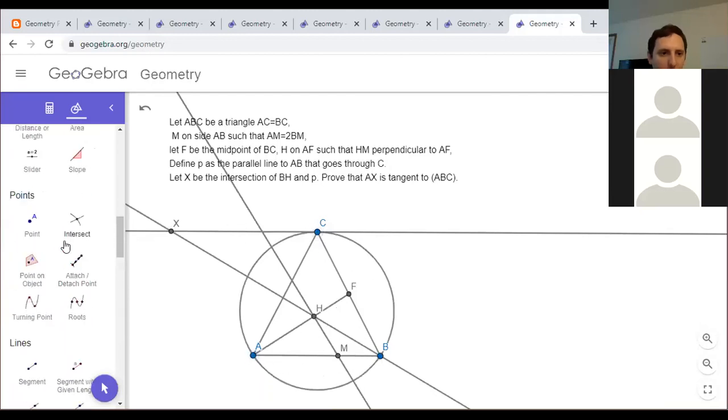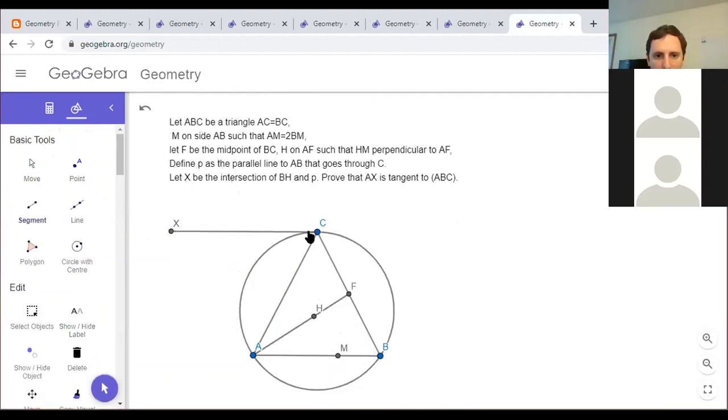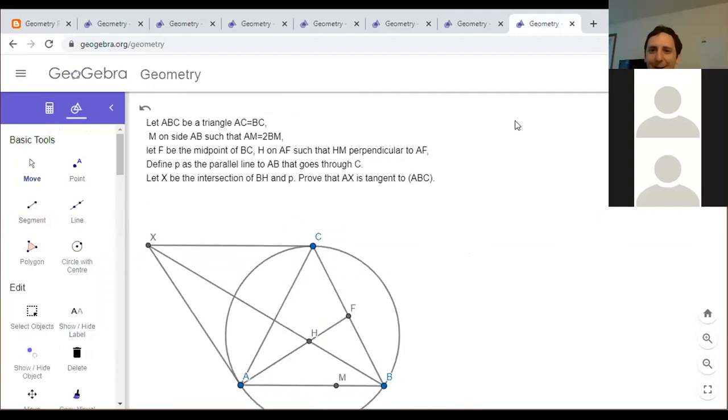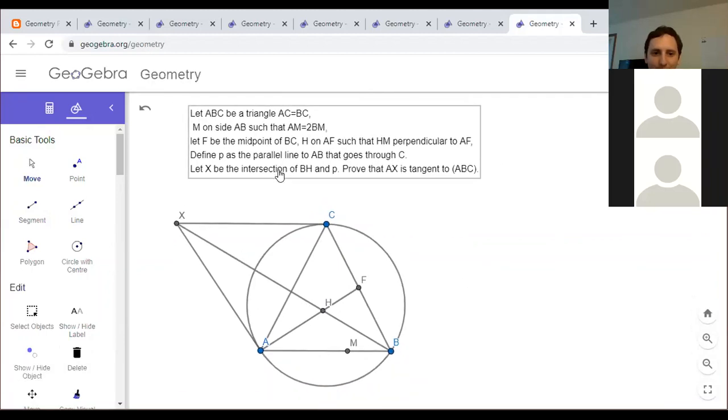Let me erase some stuff. Okay. The symmedian.